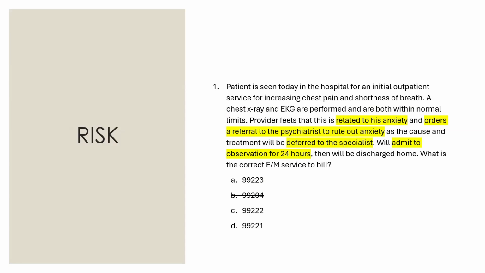And in this particular example, we see that this provider feels that this is related to the patient's anxiety. He orders a referral to a psychiatrist to rule out the anxiety and is deferring further treatment to that specialist, and he is admitting the patient to be observed for 24 hours before being discharged home.